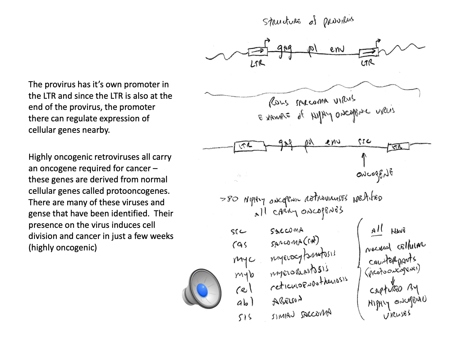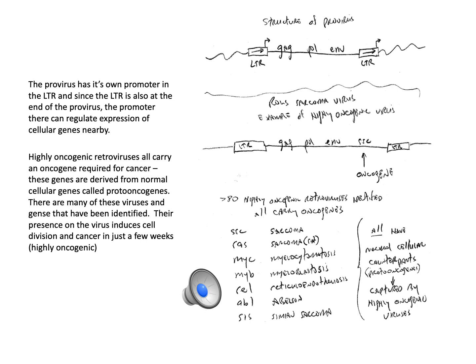So all of these genes, and there are 80 or more highly oncogenic retroviruses, all of them carry an oncogene which is responsible for inducing the cancer. Here's the unnerving thing about all this: if you look at normal cells, normal chicken cells, normal mouse cells, normal rat cells, normal monkey cells, normal human cells, all have a normal cellular counterpart to these oncogenes.